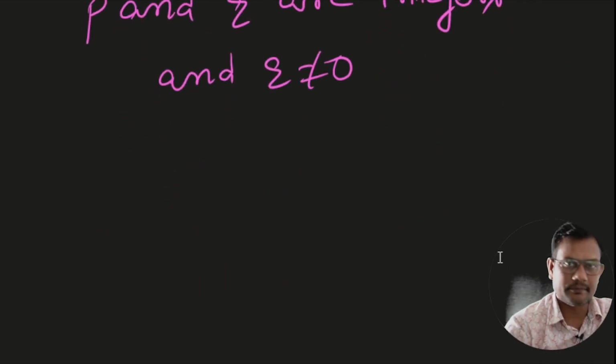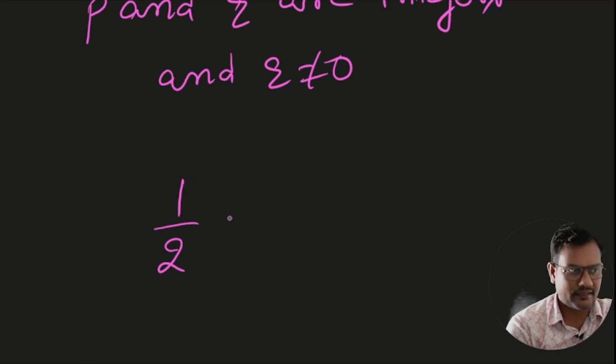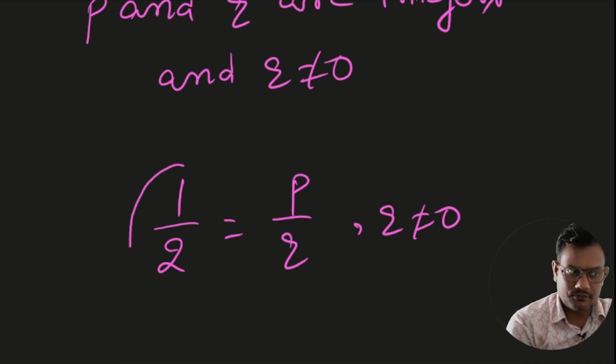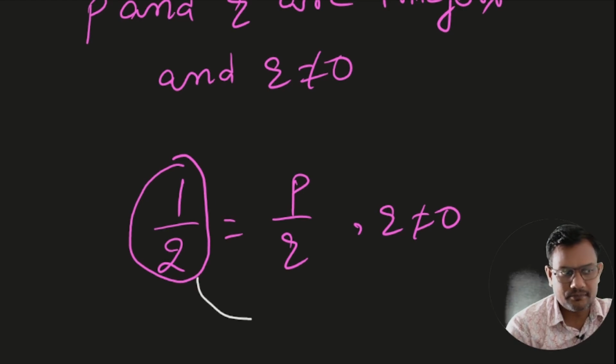See, let me explain again. First, we have taken 1 by 2. This is a rational number in the form of p by q, where q is not equal to 0, right? For 1 by 2, we can also write 5 by 10.